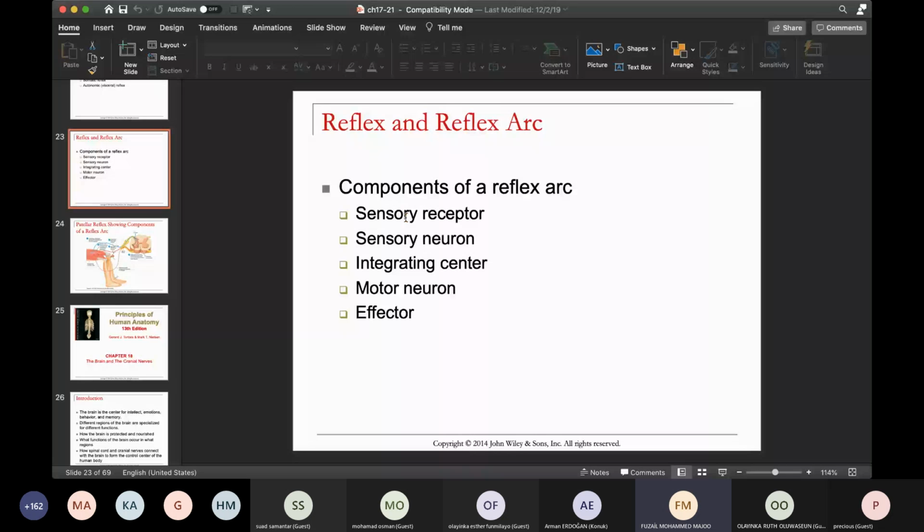That nerve carries that information to the integrating center, which will then send it along the reflex arc to the motor neuron, and the motor neuron will then go to the effector.